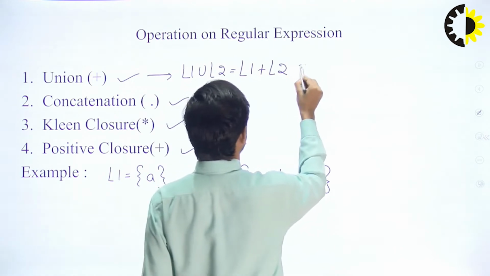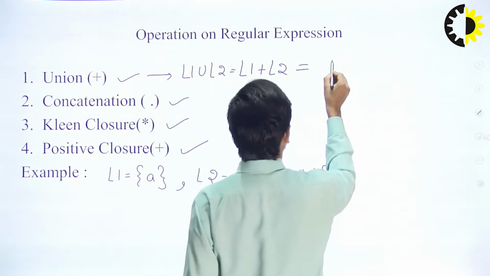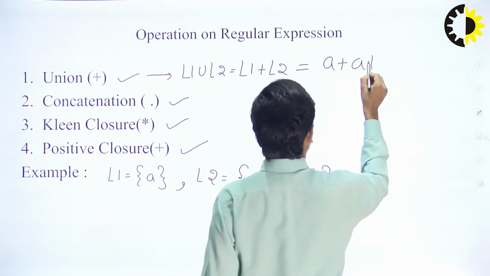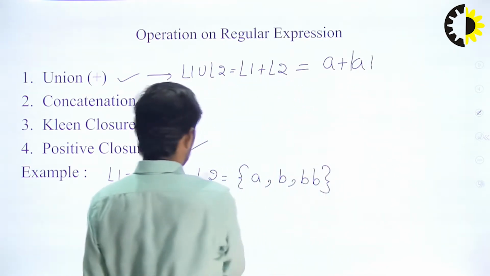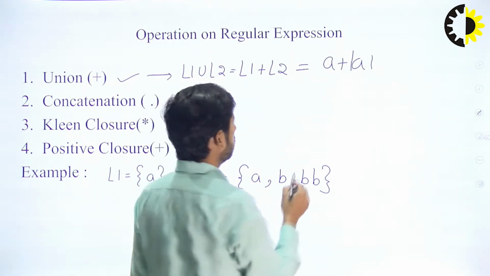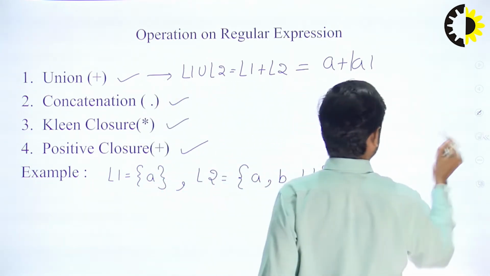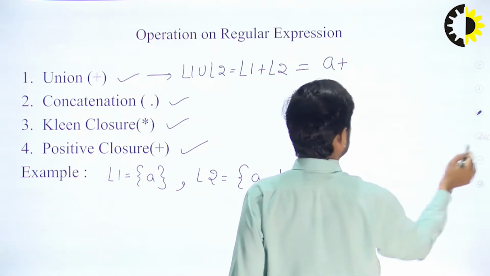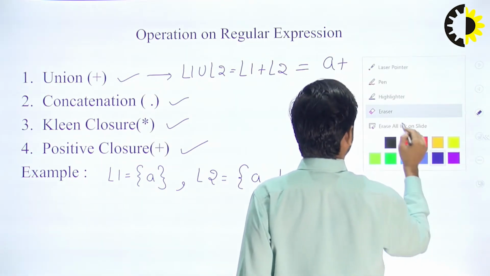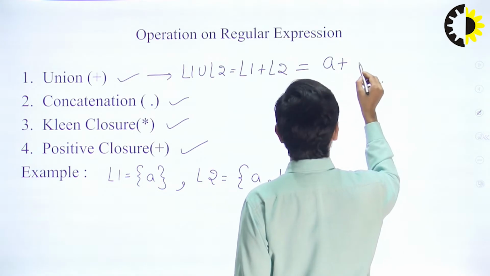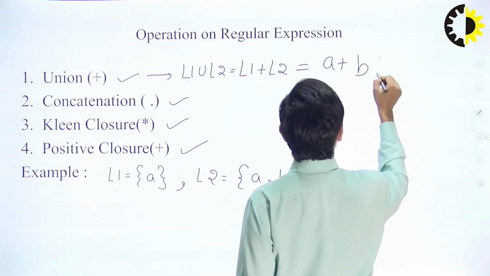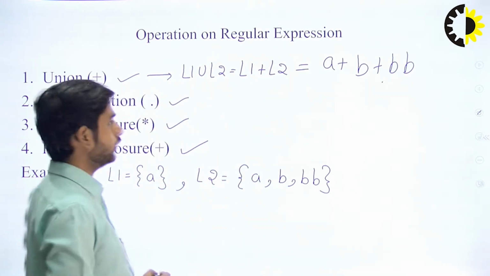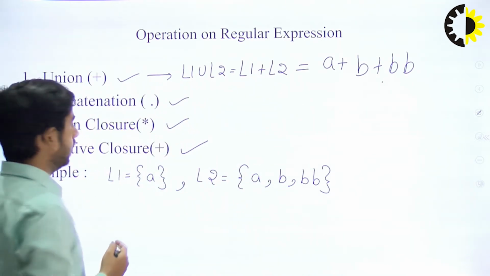So the language will be A plus AB plus BB, since A is common in both the languages. This is the union of the languages L1 and L2.